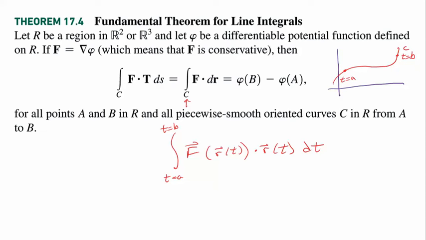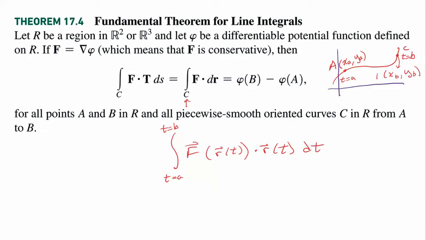So let's say this point right here at t equals a, we'll call it x sub a, y sub a. I'm going to call this point right here point A. And this point right here, let's say it's some x sub b, y sub b.